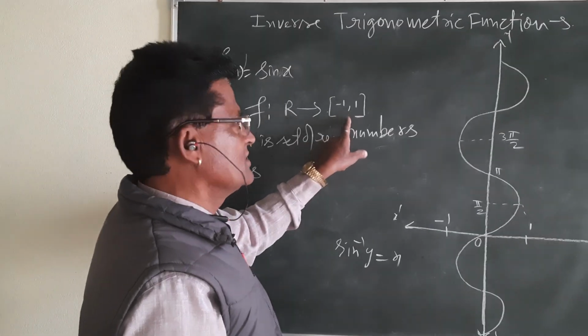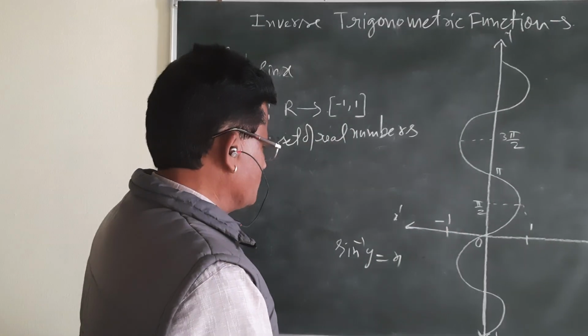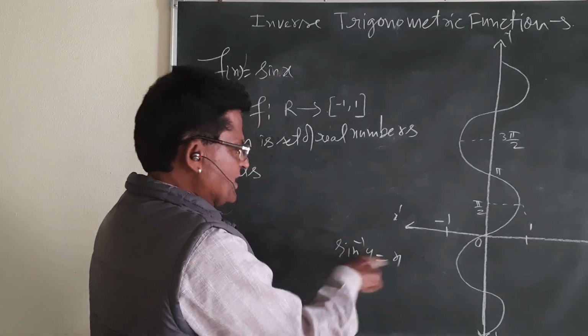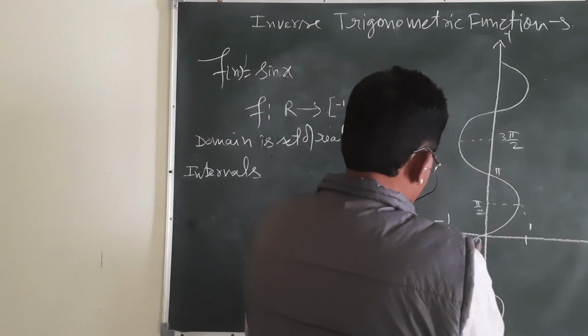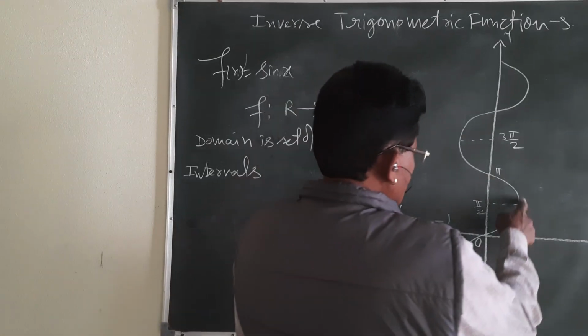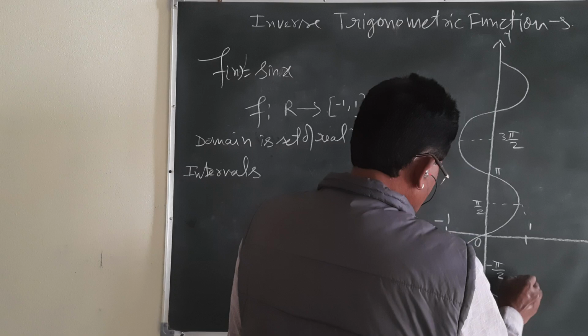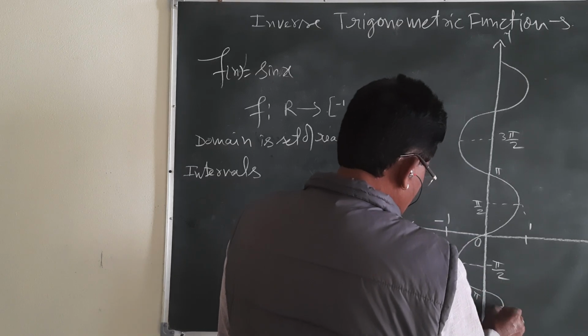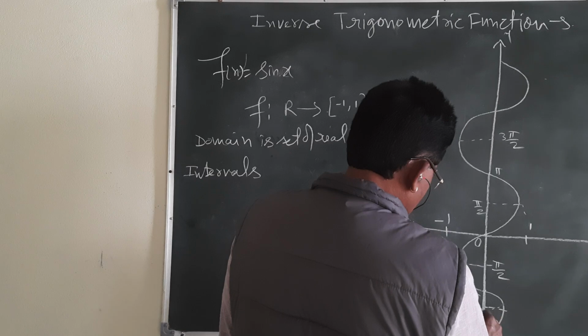Codomain will be this one, range will be this one. But here, whenever you take the inverse of the function, we are taking the graph of the inverse of the function sin x. That is why you see this one interval, here also you take minus pi by 2, and this will be pi by 2, and here will be 3 pi by 2.